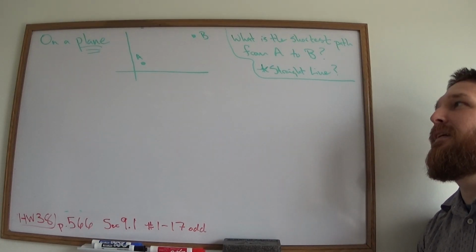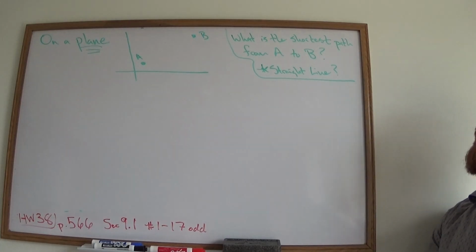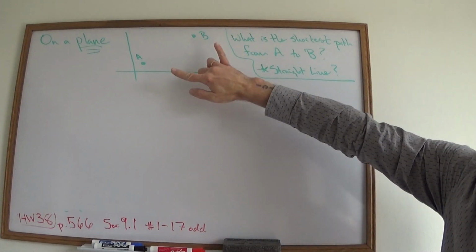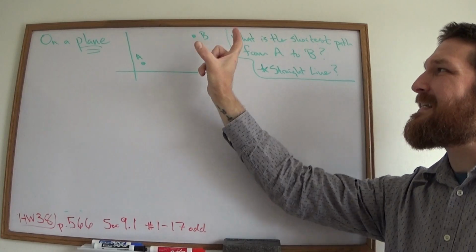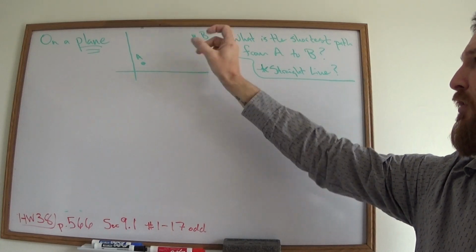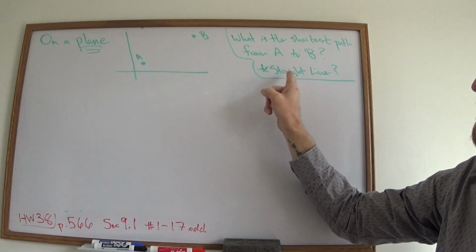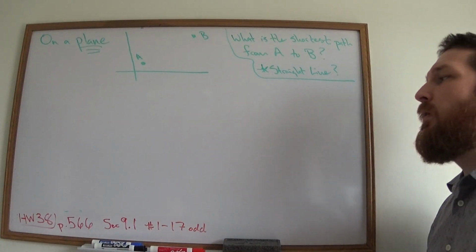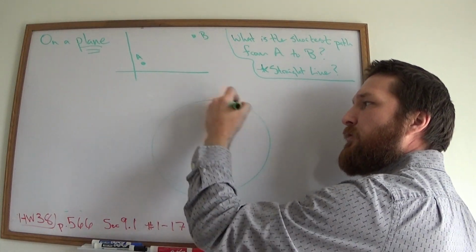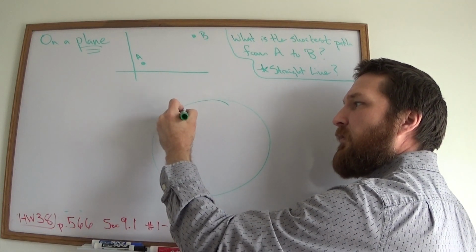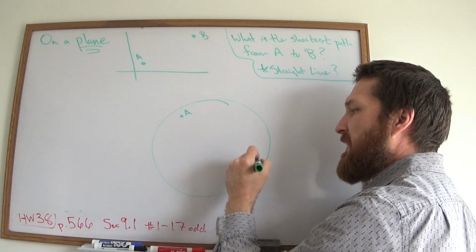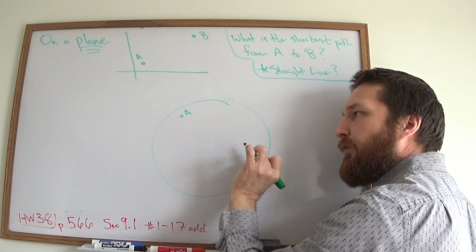I believe that it is true that the shortest path, in other words, the shortest length from A to B is a straight line. Now, again, on a globe, that's not true, because if A is over here and B is over here, the straight line would tunnel through the globe.